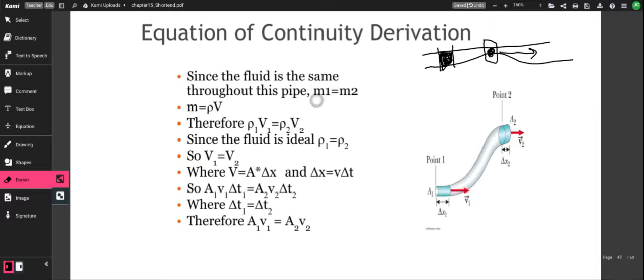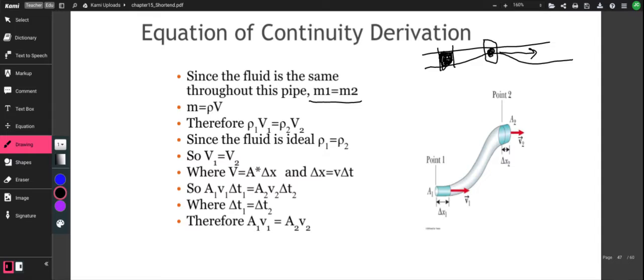So with that understanding, this concept allows us to derive the equation to describe what we are saying here. And so what we find is that mass is equal to density times volume.